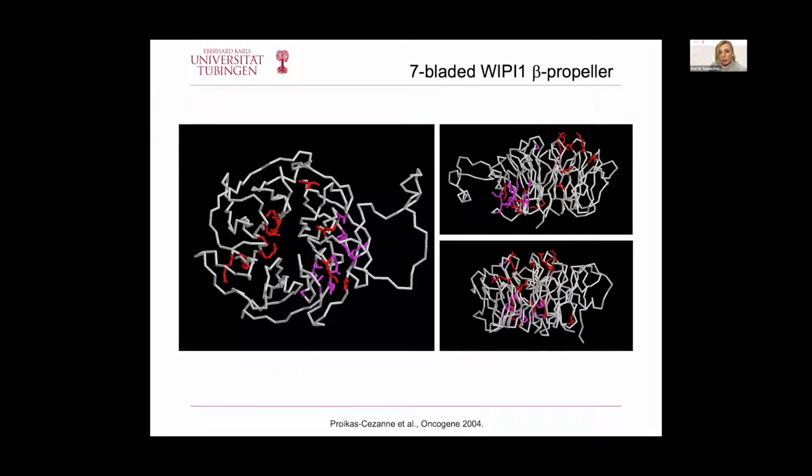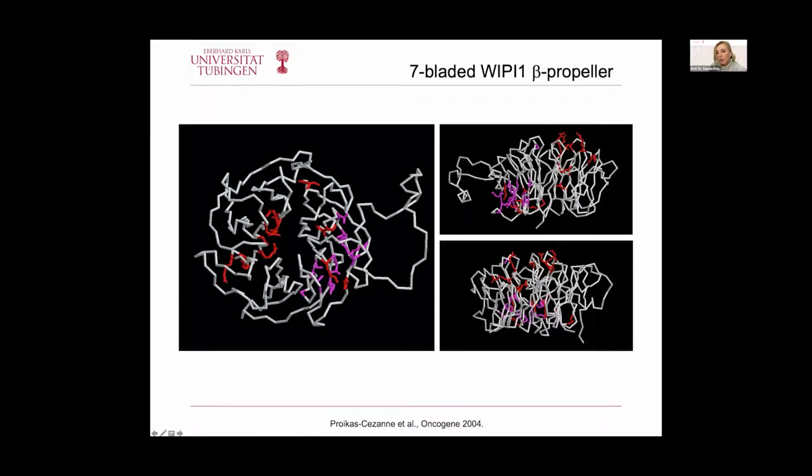Now, when we cloned the genes, we did homology modeling, and we found something interesting. We found invariant residues, meaning residues that are identical from yeast to human. They're depicted in pink here. And then there were homologous residues that were also conserved.